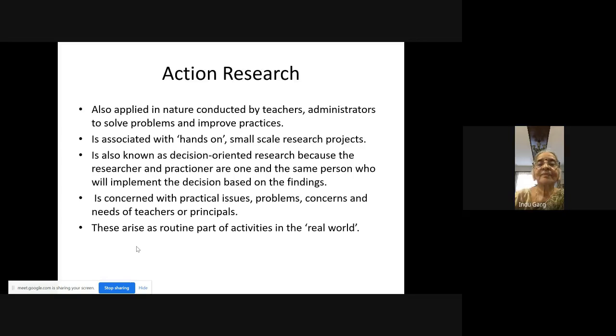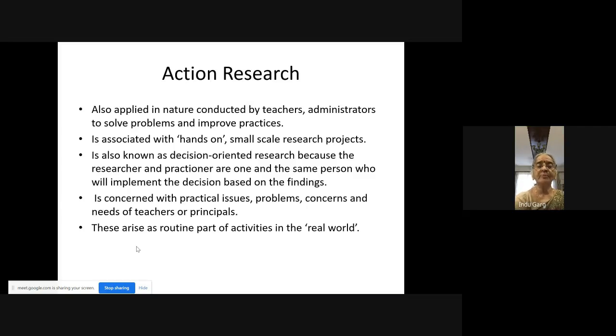Next. So we can say action research is applied research conducted by teachers and administrators to solve problems. Now, many times principals face problems. Administrative staff gives them problems. Maybe timetable could be a problem, maybe allocation of teachers may be a problem.